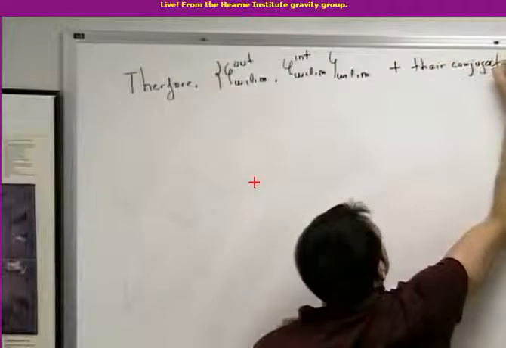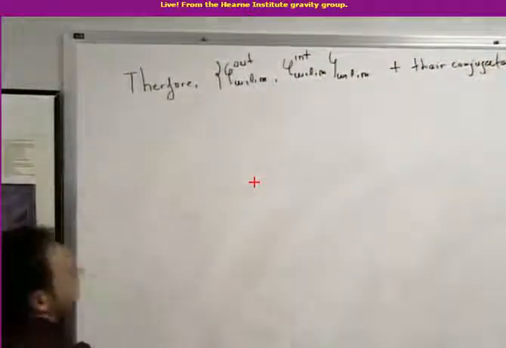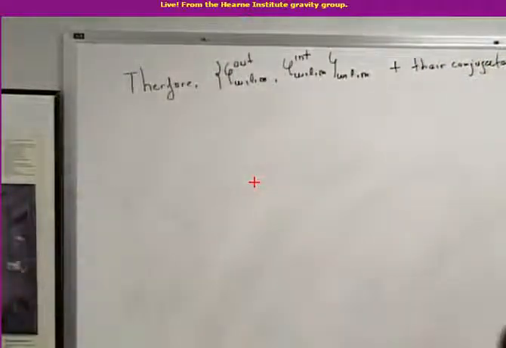Wait, I don't understand something on the board. How can you have ln of v minus v_H and theta of v minus v_H? Say it again. There's ln of v minus v_H, and then there's a step function of v minus v_H. That's all in the exponential, and this is just multiplying the exponential.